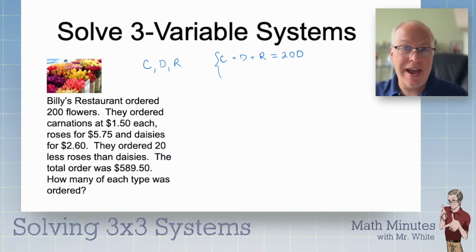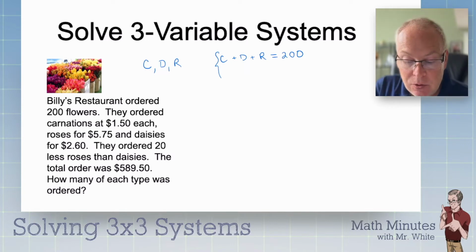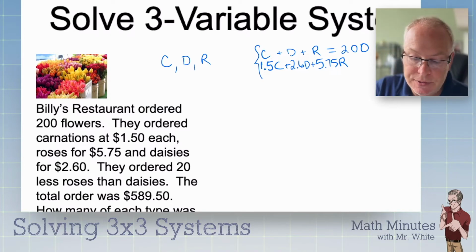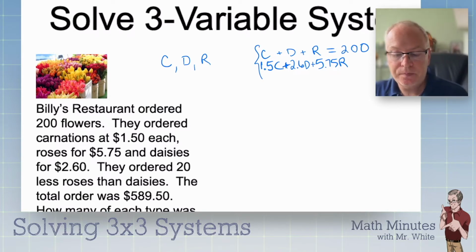So if we start adding up the cost, it would be 1.5C plus roses were 5.75, and then daisies were 2.60. Let me zoom in a little bit here for you. Okay, so there's our two equations so far. This is a plus sign right here in between these two.